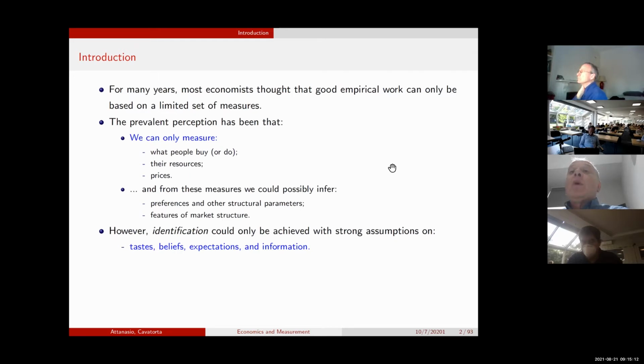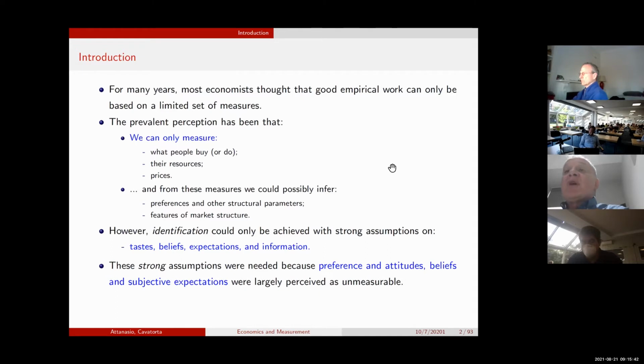However, when you study econometrics, you learn that there are lots of identification problems. Often this identification of the structural parameters that we're interested in can be achieved only with very strong assumptions on a variety of things, including tastes, beliefs, people's expectations, people's information, and the like.